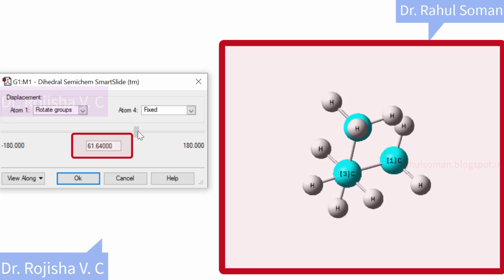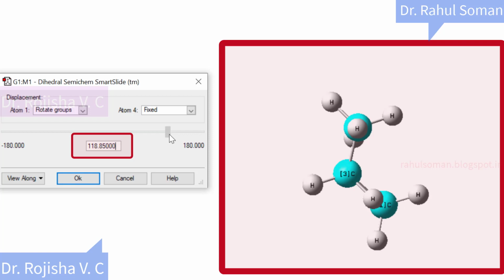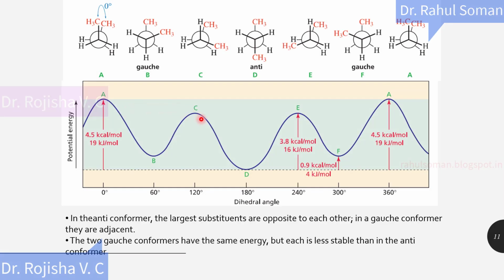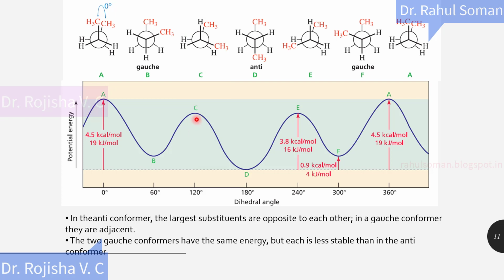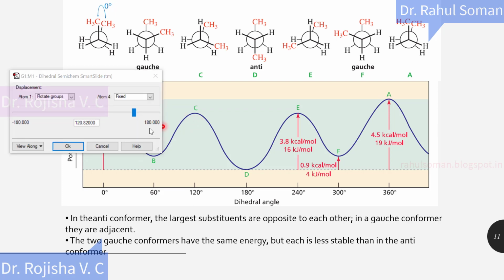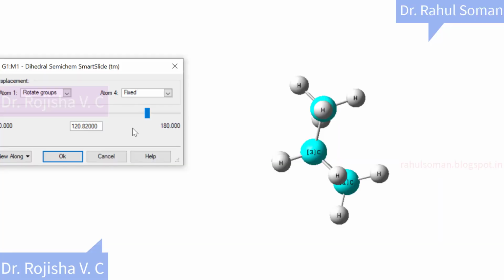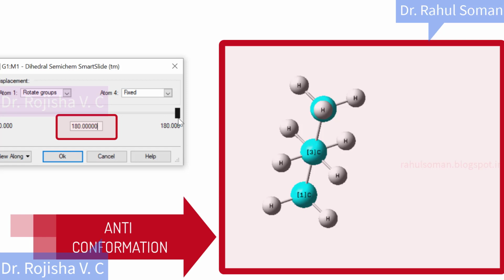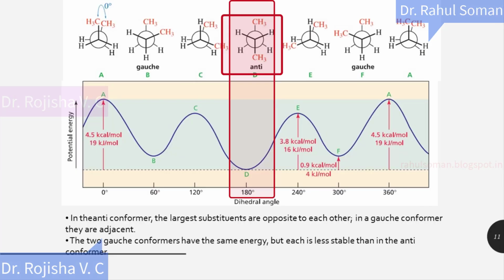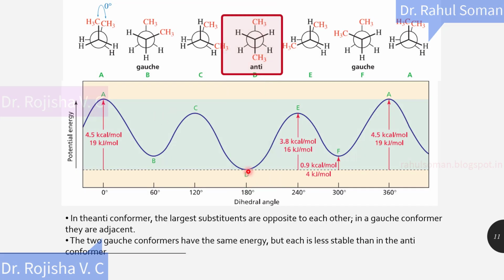If you rotate again to 120 degrees, again we get an eclipse conformation, but it is different from the earlier one, so that point on the graph is at a little lower energy than the first eclipse conformation. Here the eclipsing is between the hydrogen and the CH3. Further rotation to 180 degrees gives the most stable conformation, the anti-conformation, where the CH3 groups are opposite. That has very low energy.